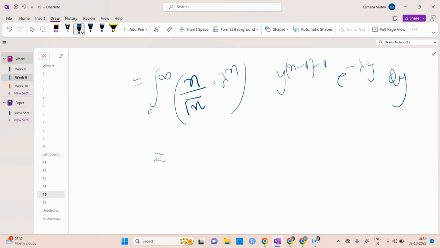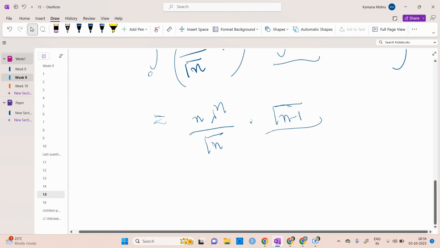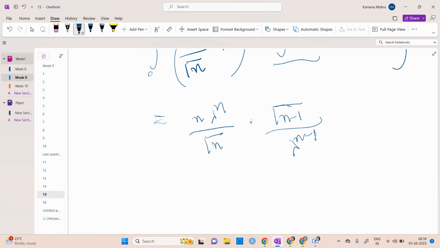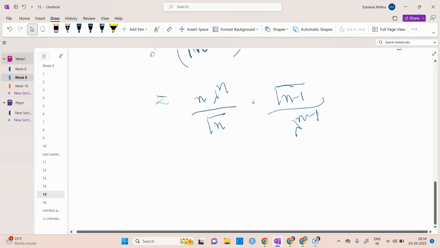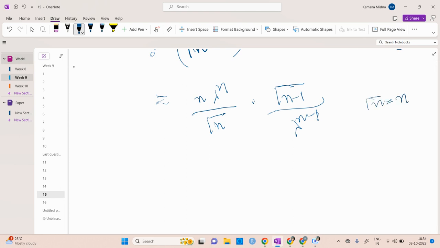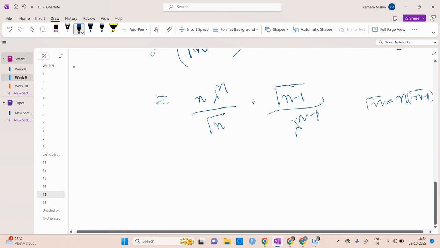So it will be n lambda to the power n gamma n, and then this will be n minus 1, so it will be gamma n minus 1, divided by lambda to the power n minus 1, right? So gamma n is n gamma n minus 1.